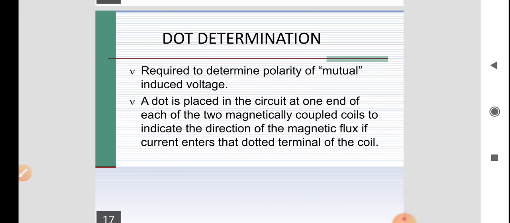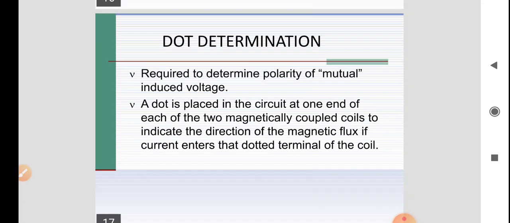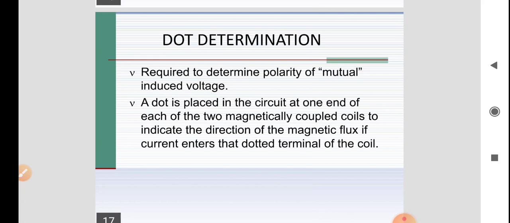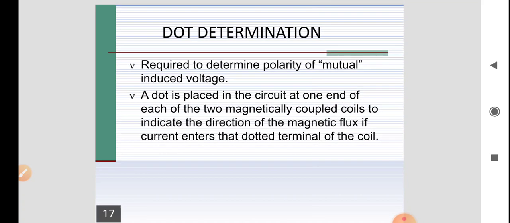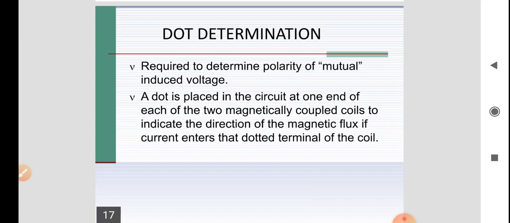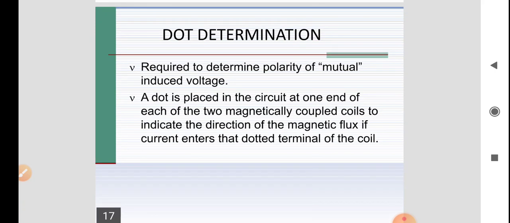But it is difficult to give the information about the winding direction of the coil. Whenever the supplier is supplying some component, let me take an example of a transformer. On the transformer, we just know which is the primary winding and which is the secondary winding, but they don't specify in which way the mutually induced voltage direction is.